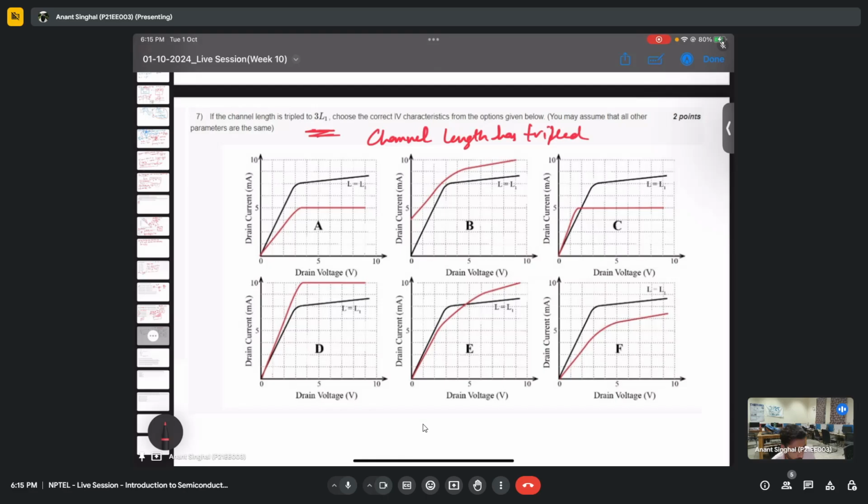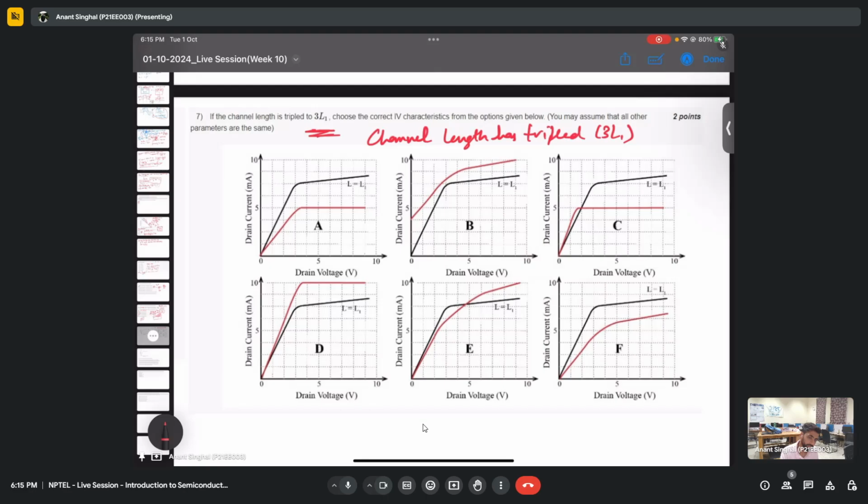Since the channel length has tripled, the current decreases. Yeah, that is fine. So the plot will be lower than that for L equals L1, yes, and the VT also increases. Okay, so channel length is tripled, VT increases, right?